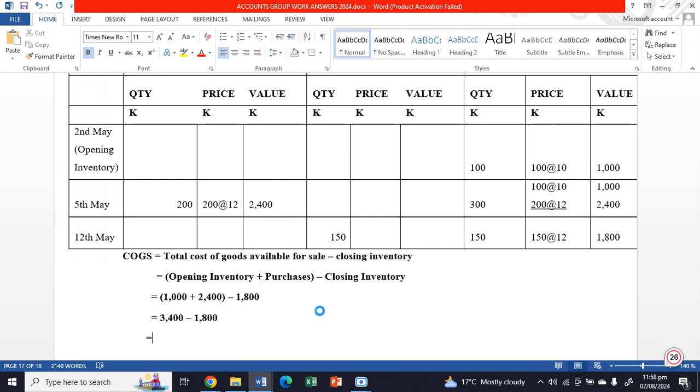You get 1,600. That is the cost of goods sold. Any questions?